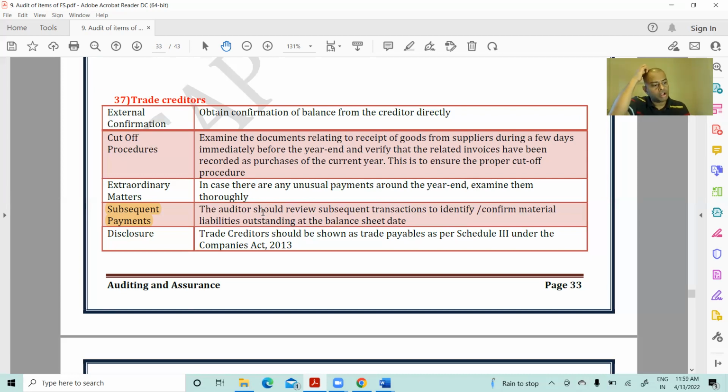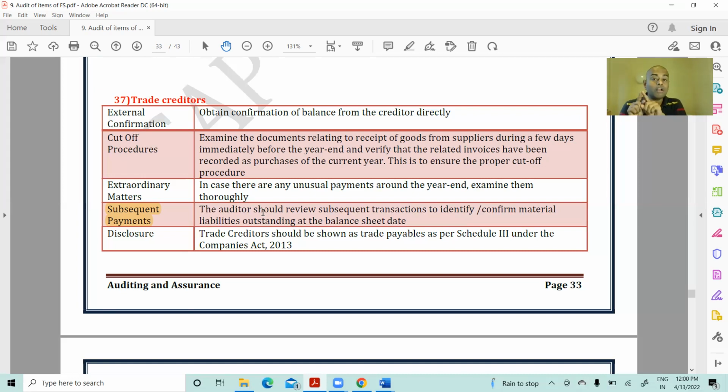Then accountant got shocked. Accountant asked, sir, you are conducting audit of 2021-22 financial year, no? Yes. That means up to 31st March only, no? Yes. Then why are you asking cash book or bank statement of the next year, subsequent period? Because on the date of balance sheet, whatever the outstanding amounts are, I will see in the next period if they are paid or not.